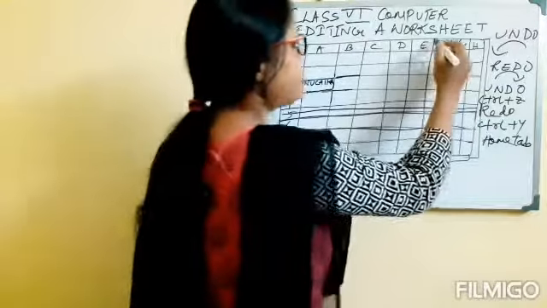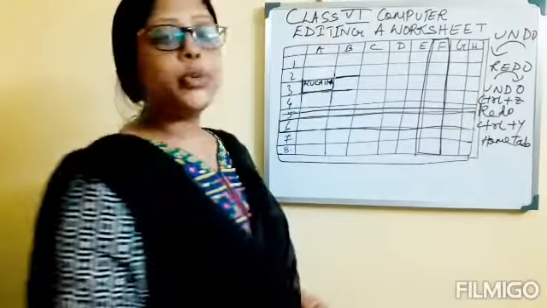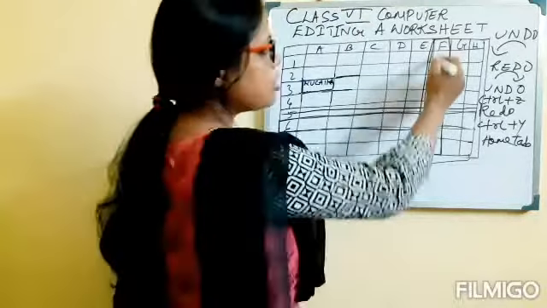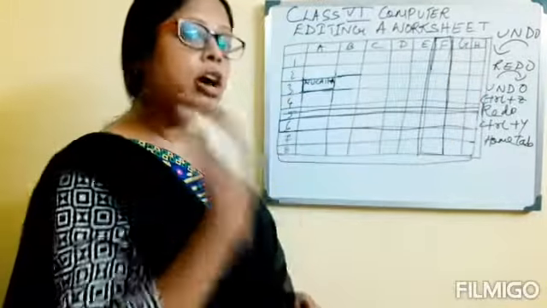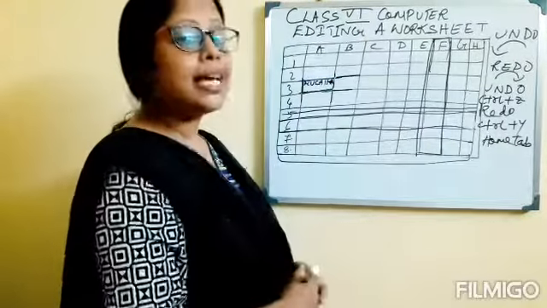Suppose you have selected column F and you want to insert a new column. Where will your new column get inserted? Towards the left of the selected column.